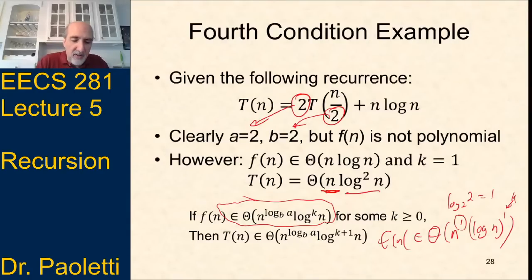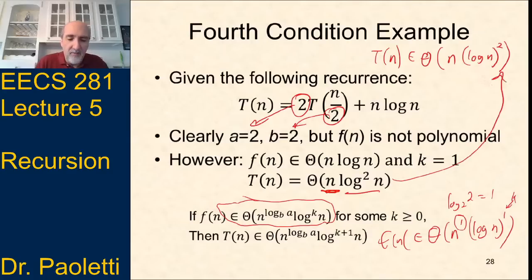So we could also write this, T(n) is an element of big theta of n log n, and the log term is squared. So that's an equivalent form there. So that's an example of applying the fourth condition.